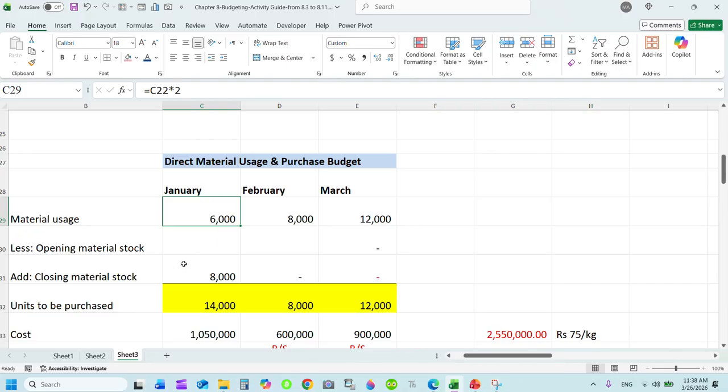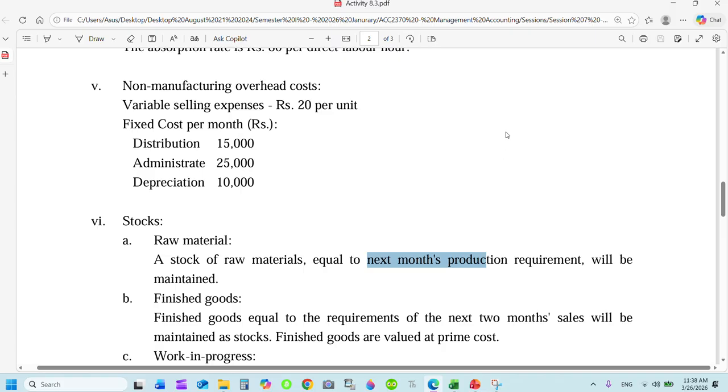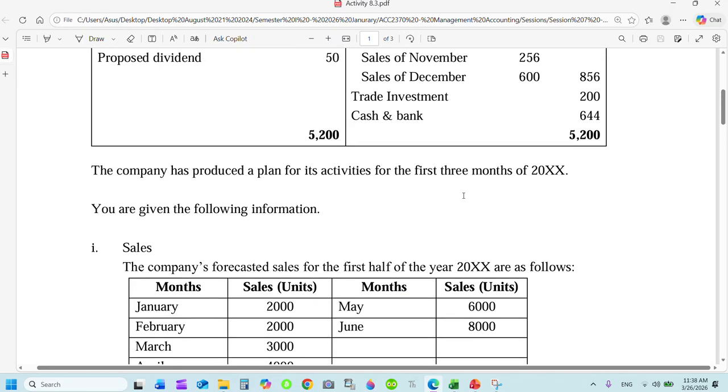In addition, for you to maintain your closing stock, which is equivalent to next month production requirement, 8,000 should be maintained. But you don't need to purchase 14,000. Why? Because you have opening raw material stock balance. Go and check it in your balance sheet.